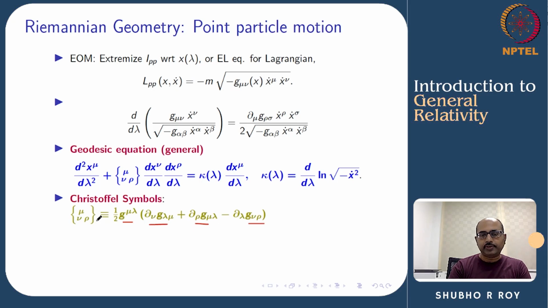And as the name suggests, we introduced in the last lecture that the word symbol is reserved for indexed objects which do not transform like components of a tensor. So the Christoffel symbol is not a tensor. If you look at its transformation property, when I change coordinates, it will not transform like components of a 1, 2 tensor.